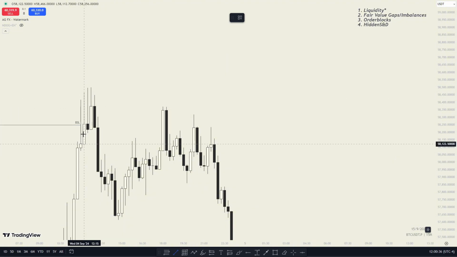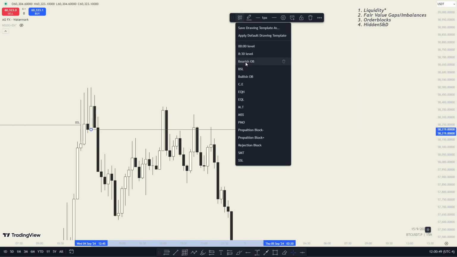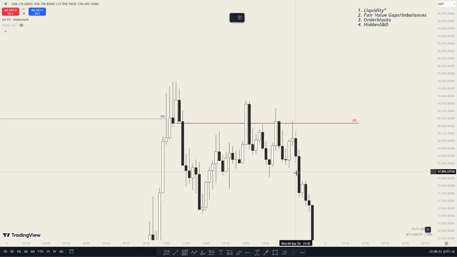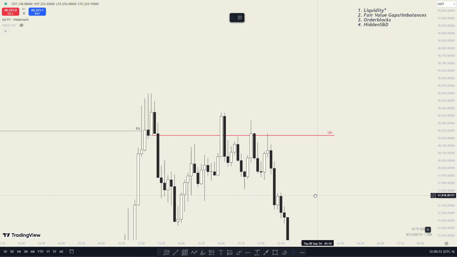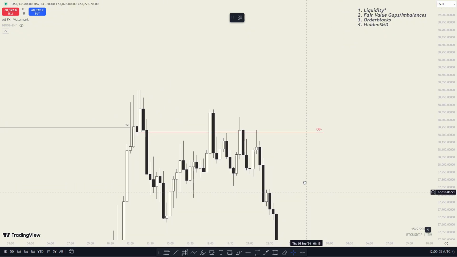If this candle looks more like a doji candle, a hammer, I don't like that, I don't use that. This candle is much more prominent, so we will select this one as an order block. This is our bearish order block, and as you can see, price used it to move lower.